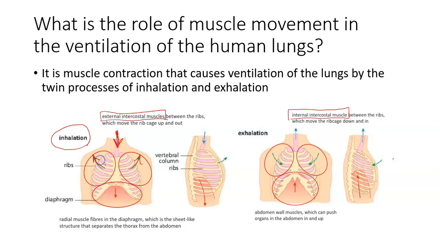So these muscles are working externally, making your chest have more volume. They are between the ribs, and they move the rib cage up and out. So that's why we call it external. They are doing it in a way of externally.